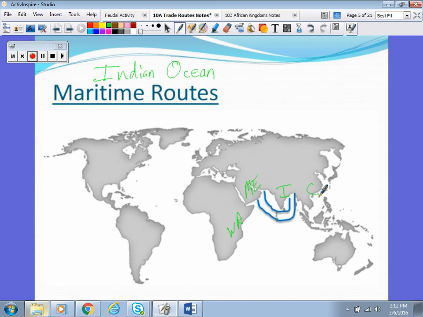The advantage to trading by sea, on the other hand, is in a large boat, we can carry more goods than we can in a wagon pulled by a horse or an ox or a donkey. We can do it faster. So our ocean trade in the Indian Ocean is going to allow trade to move more quickly and us to move larger amounts of goods in short periods of time.